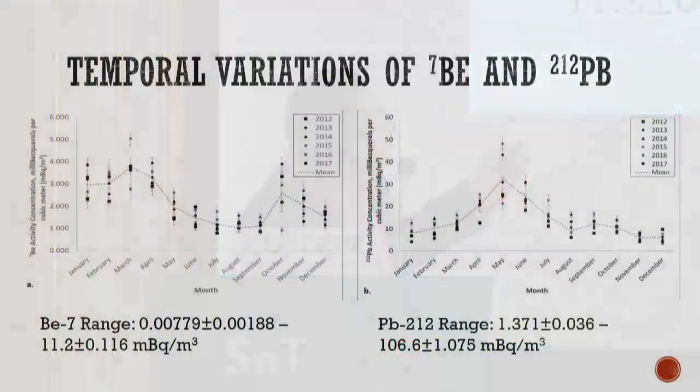Interestingly, this coincides with the prevailing monsoon winds in the region, wherein the southwest monsoon is prevalent between the months of May to September, and the northeast monsoon is prevalent between the months of October to March. So quite a coincidence.